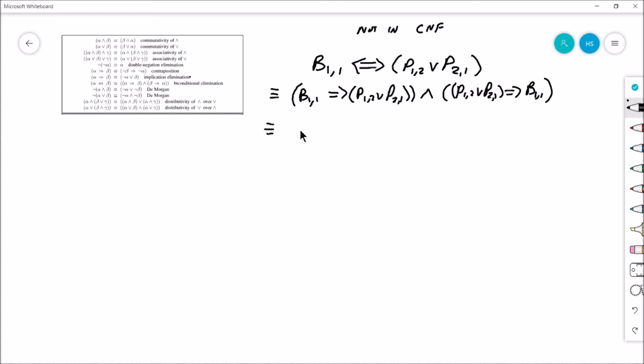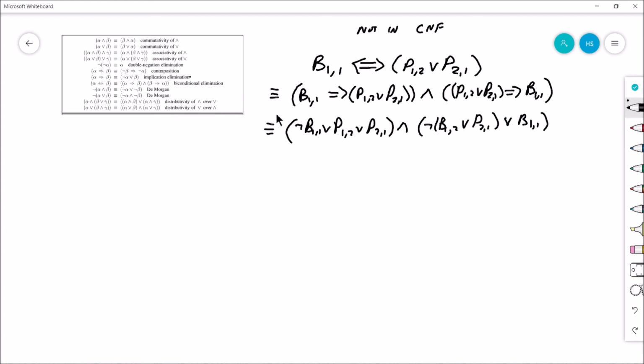Once I've applied that, what I end up with is this new sentence that looks like this: not B11 or P12 or P21, and not P12 or P21 or B11.